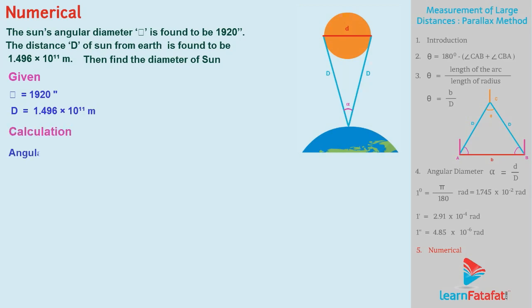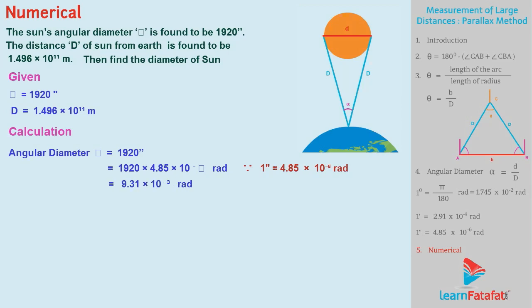Angular diameter alpha equals 1920 seconds, which equals 1920 into 4.85 into 10 raised to minus 6 rad, since 1 second equals 4.85 into 10 raised to minus 6 rad. So therefore, alpha equals 9.31 into 10 raised to minus 3 rad.